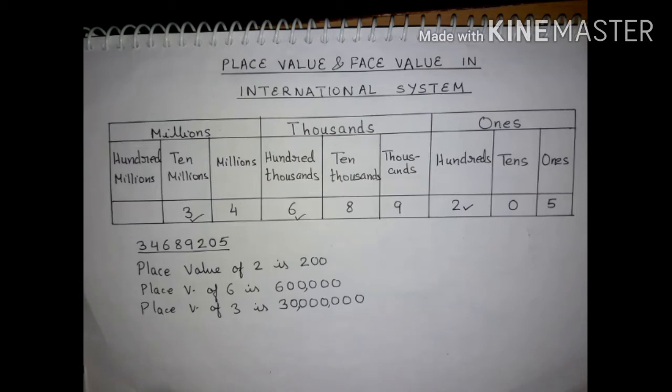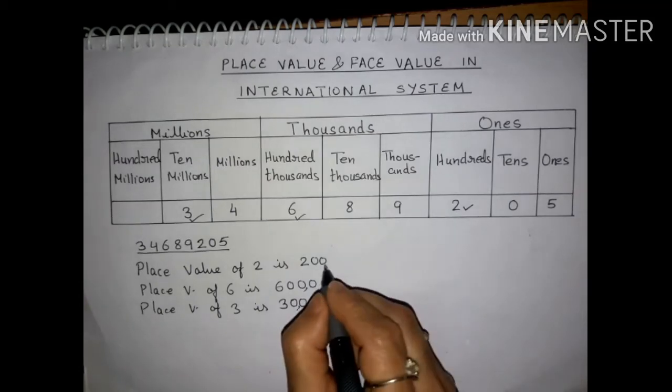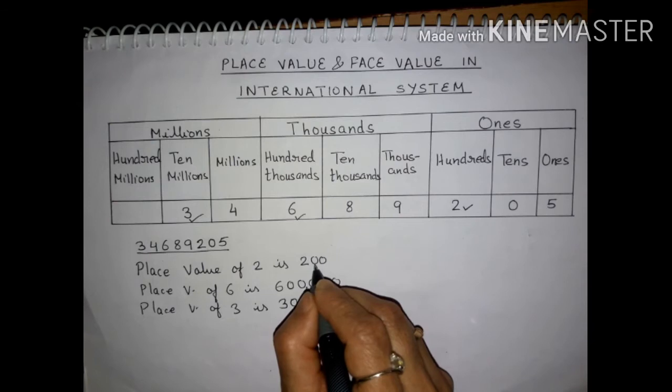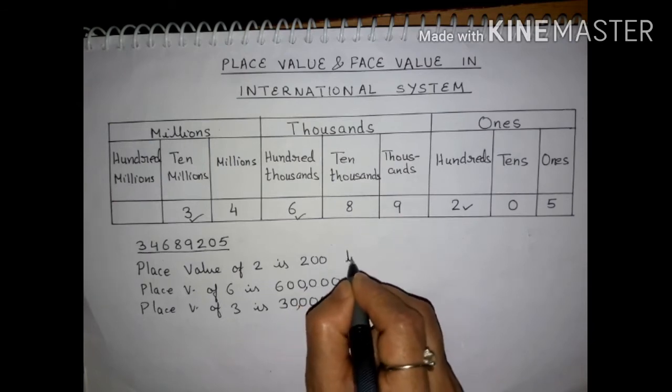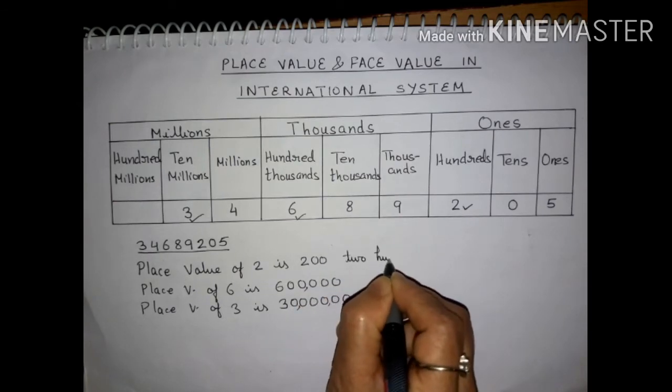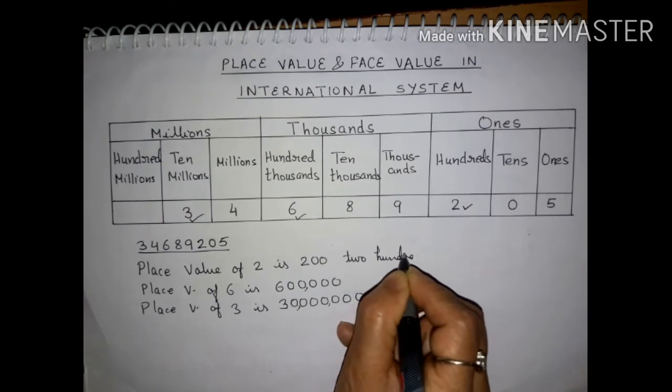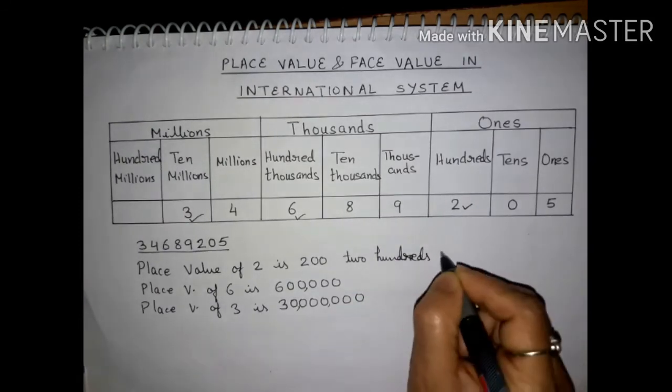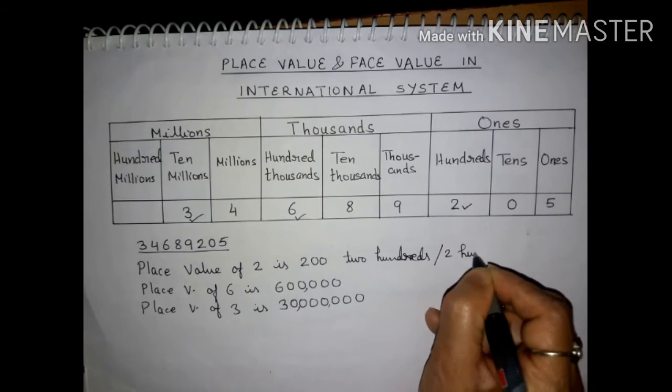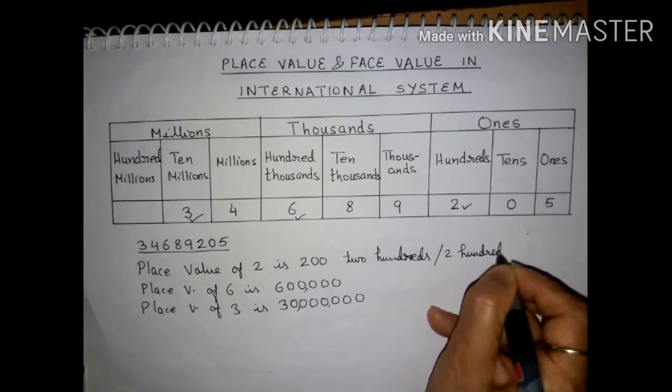And if we write it in words, the place value of this 200 will be 2 hundreds, right?